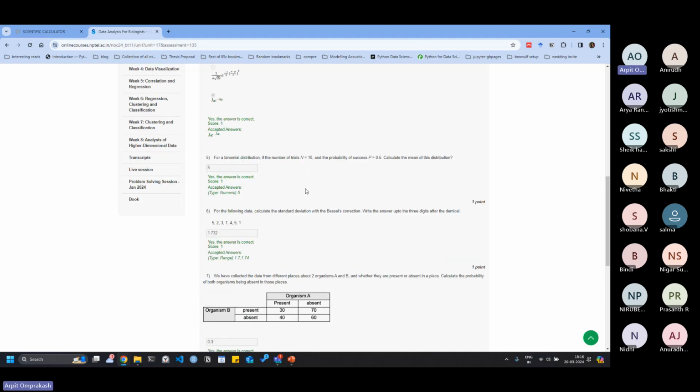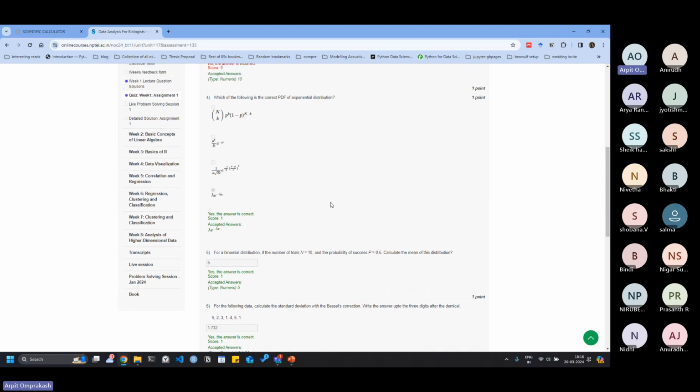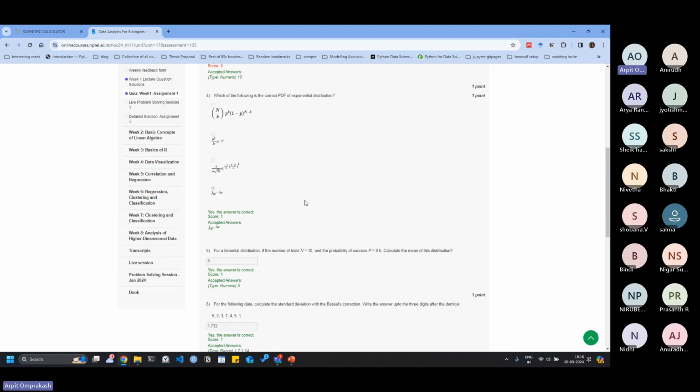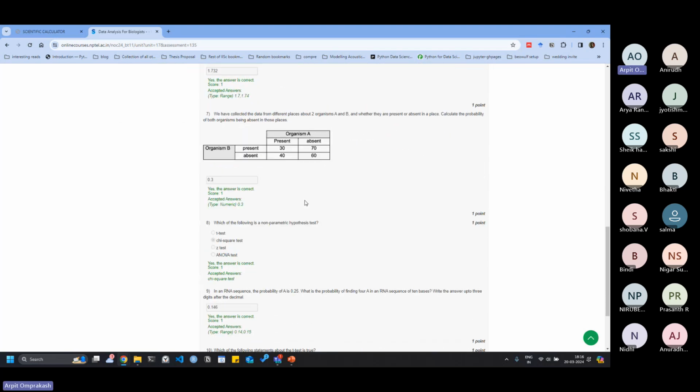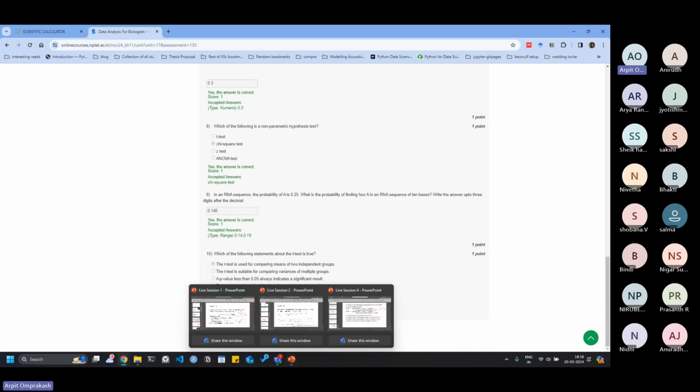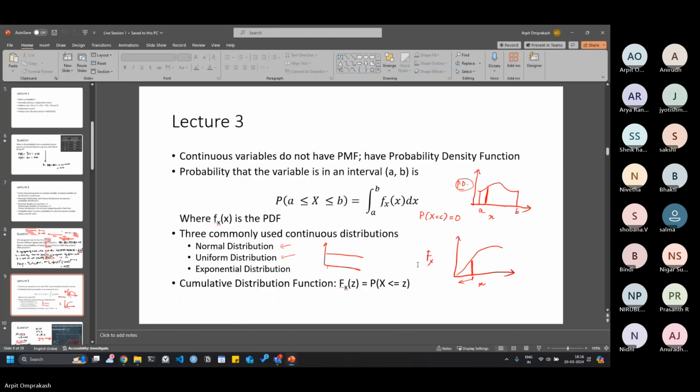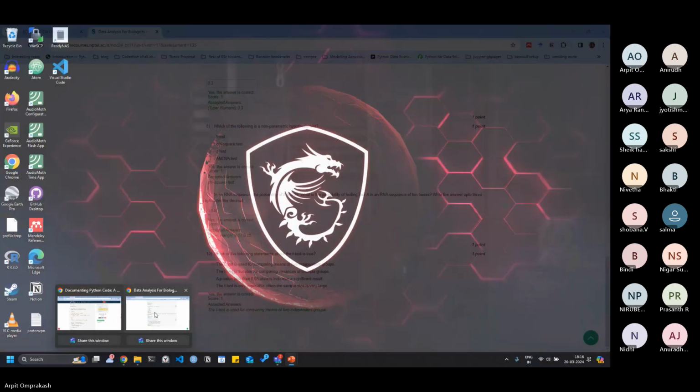You also need to remember these formulas for different distributions. I think that answers the question. So solve it using a scientific calculator.